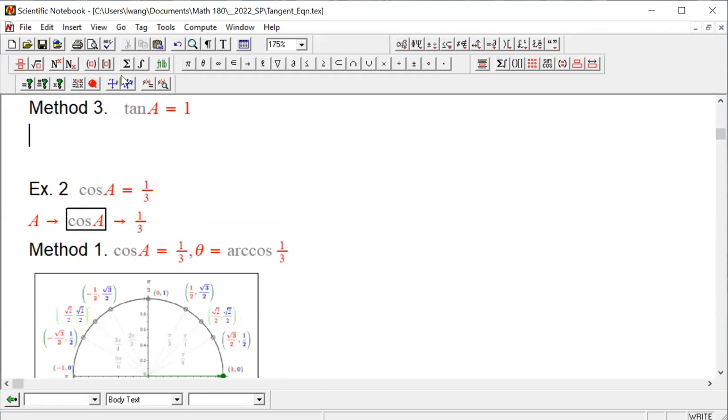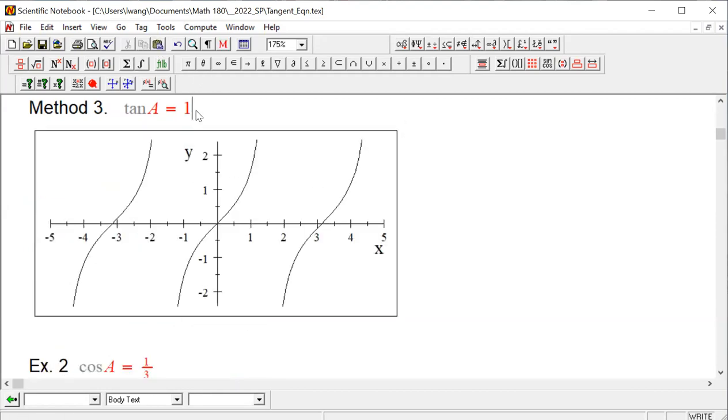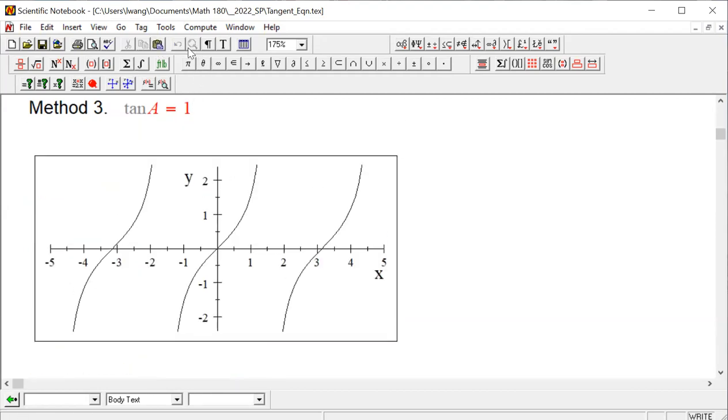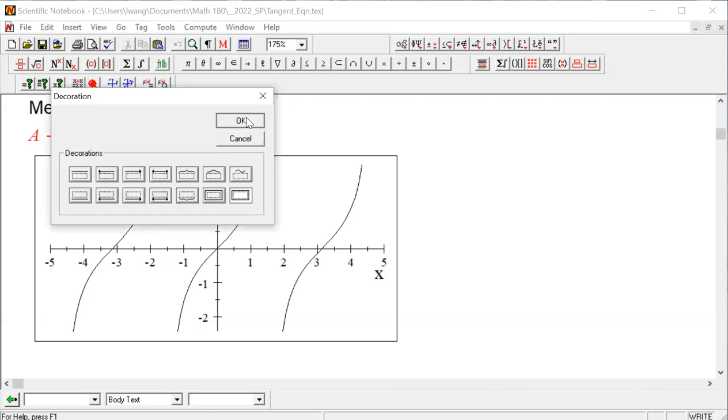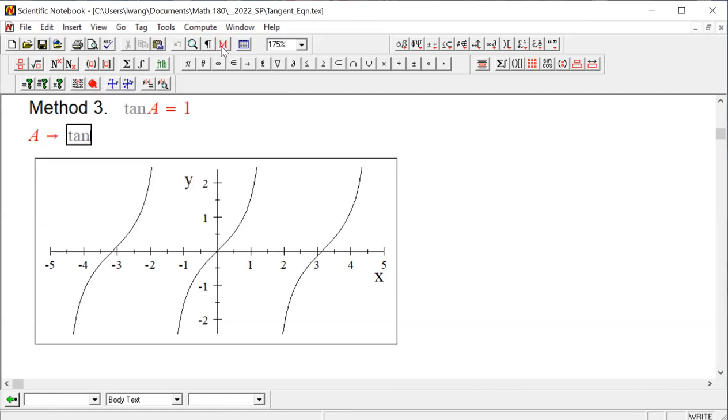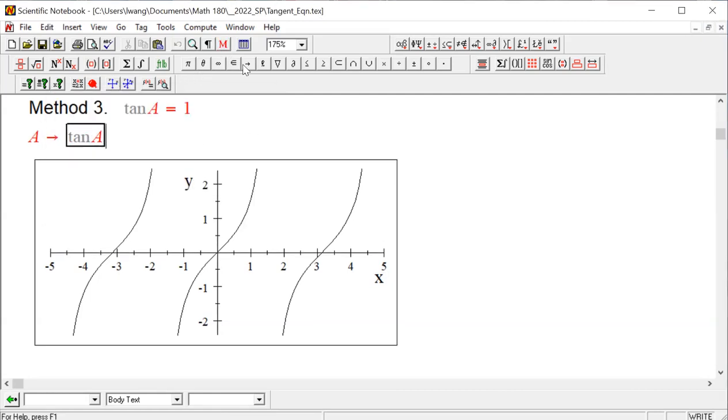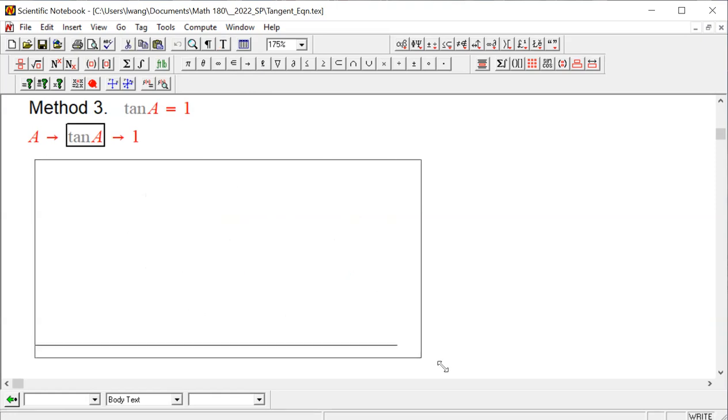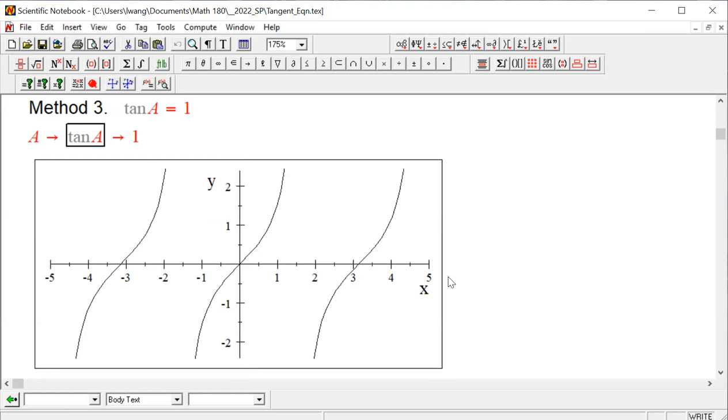And we know the output. The output is 1, right? So we got the angle, and the rule of tangent is applied to it. It produces the output equal to 1. So we know the output is 1. Therefore, we're going to draw a horizontal line.